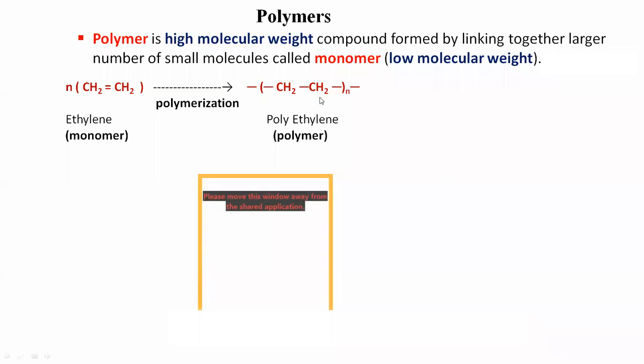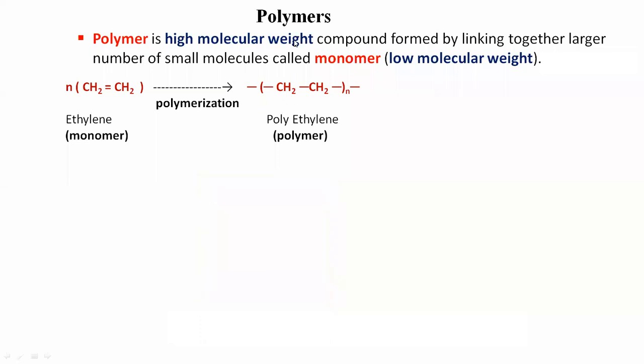Okay, so if we look at the reaction, we can easily define what a polymer is. A polymer is a high molecular weight compound. This is an important characteristic of any polymer: high molecular weight. Ordinary molecules have low molecular weight. But when we talk about polymers, we have repeated linking of small molecules, so obviously molecular weight is high.